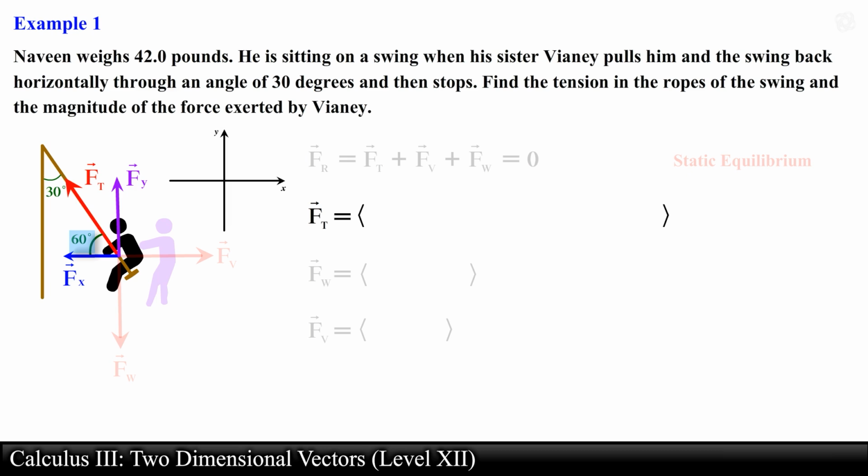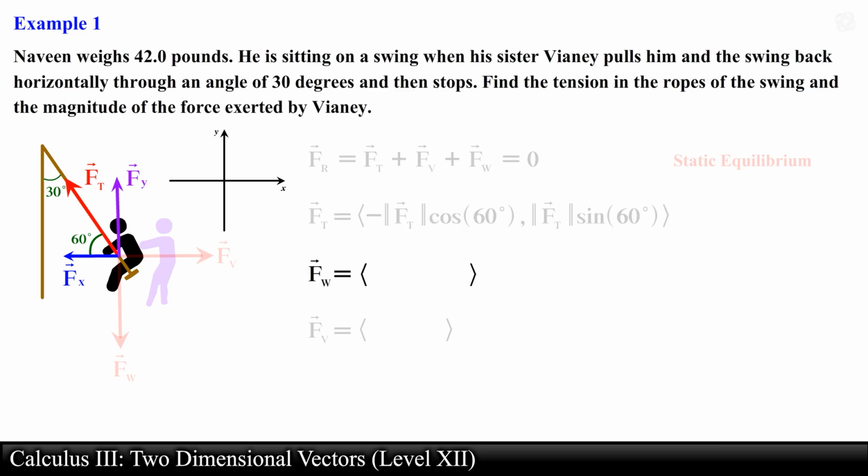I'm going to use the 60-degree angle and use it to find the components of the tension force. In this case, the x component of the tension force will be equal to the magnitude of the tension force, which is currently not known, times cosine of 60 degrees, and the y component will be equal to the magnitude of the tension force times sine of 60 degrees.